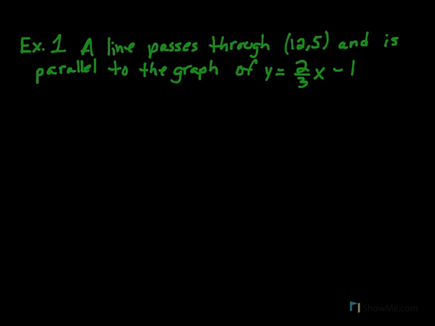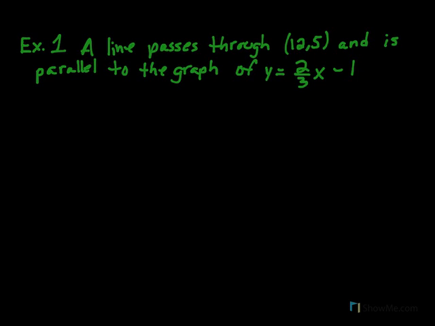All right, so write this down real quick. If you want to pause it, you could pause it, but I'm going to read it. So hopefully you will have enough time. If you don't, please pause the video and write the problem. You need to write the problem. Example 1 says, a line passes through (12, 5), so that's the point, and is parallel to the graph of y equals 2 over 3x minus 1.